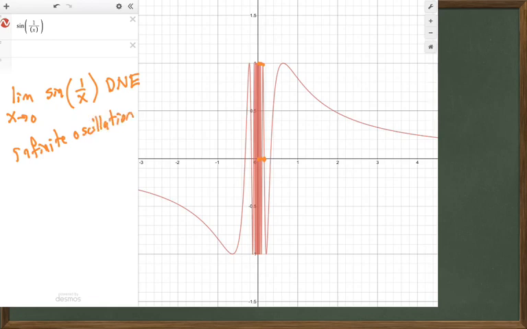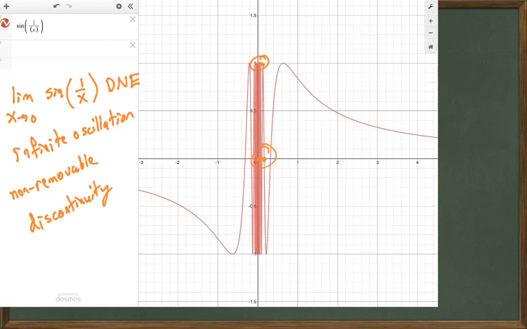And we said that that was a non-removable discontinuity. One way to show that this is discontinuous, maybe it's done in Cal 2, maybe it's done more in an upper division class, is you show you have two different sequences, one that goes to 1 and another that goes to 0.